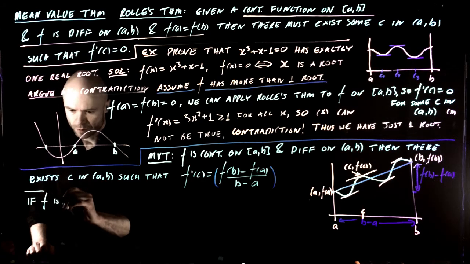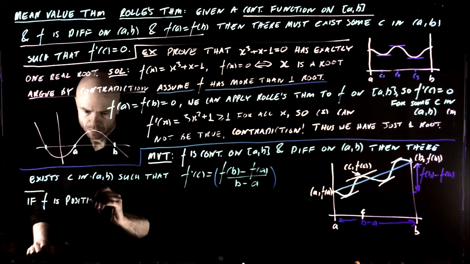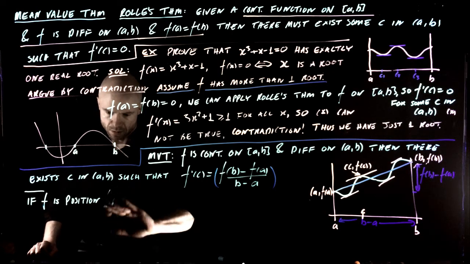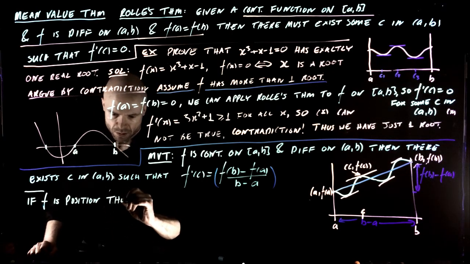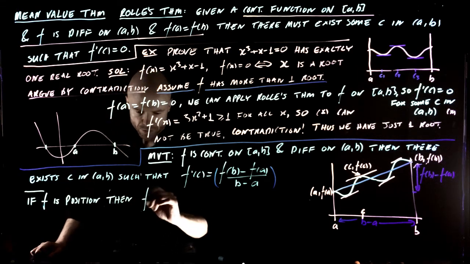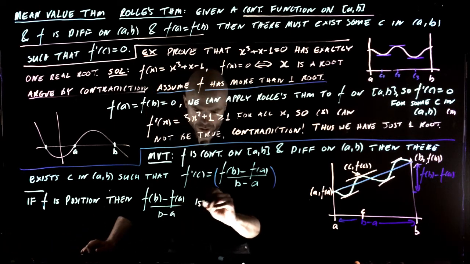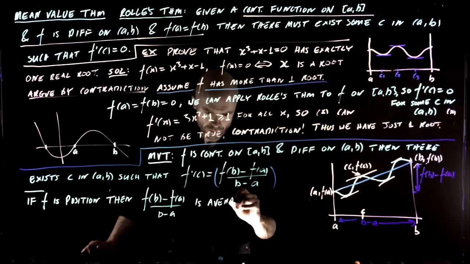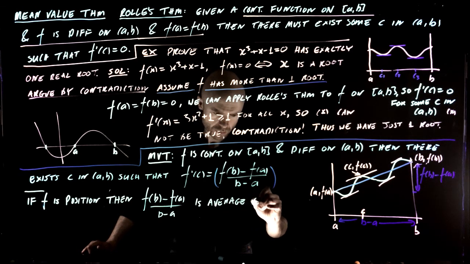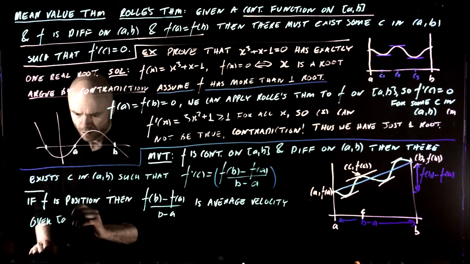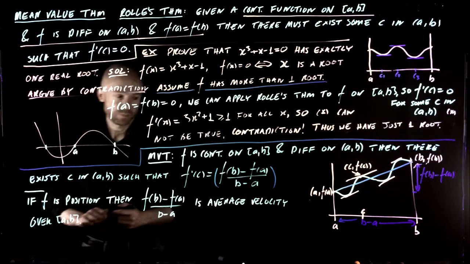If f is position, then f of b minus f of a over b minus a is average velocity over time interval a to b, all right?